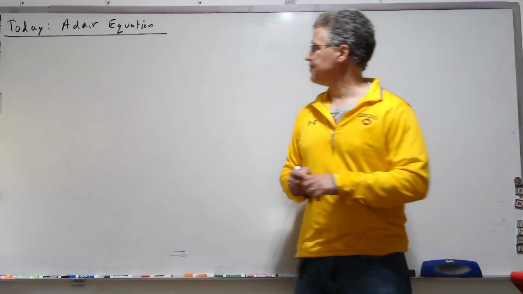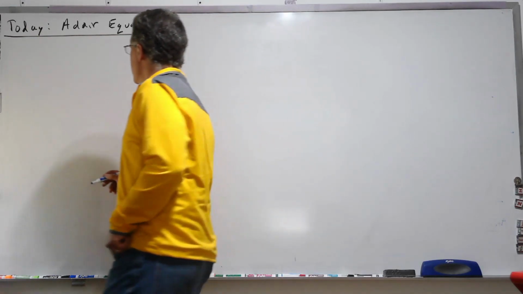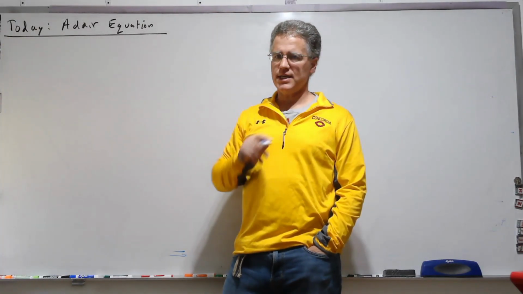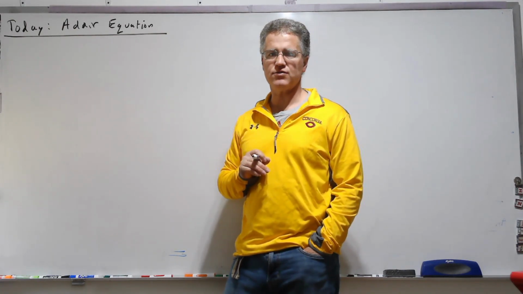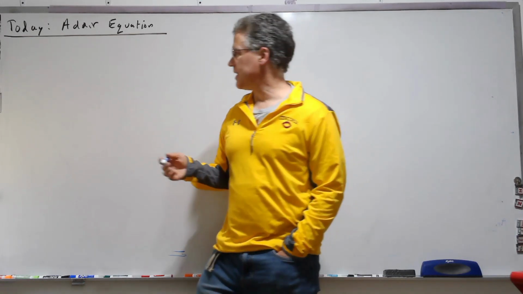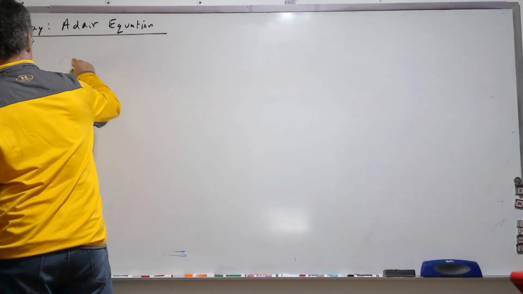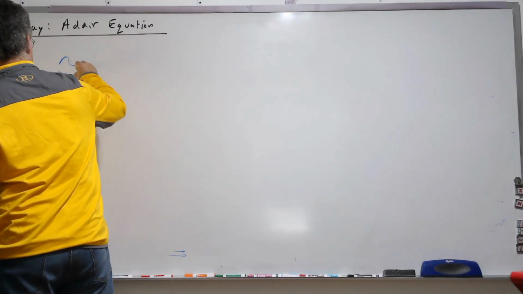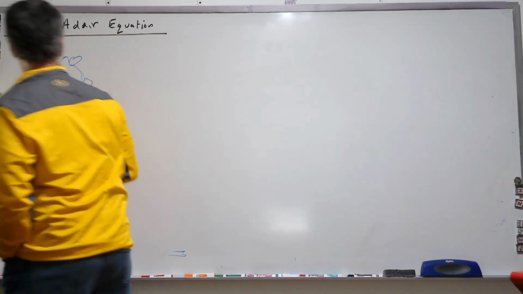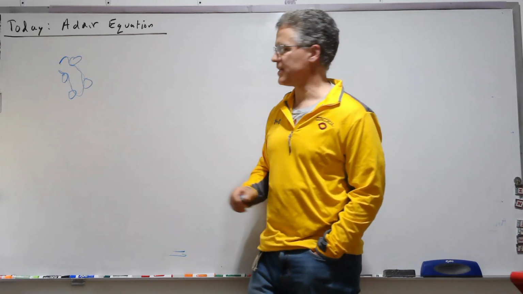So the idea here is that you've got some binding sites. We've been talking primarily about adsorption of molecules from a gas onto a surface. Here I think we'll talk about, say, some protein. We've got some protein. There's a couple of binding sites. Let's say 4 binding sites.